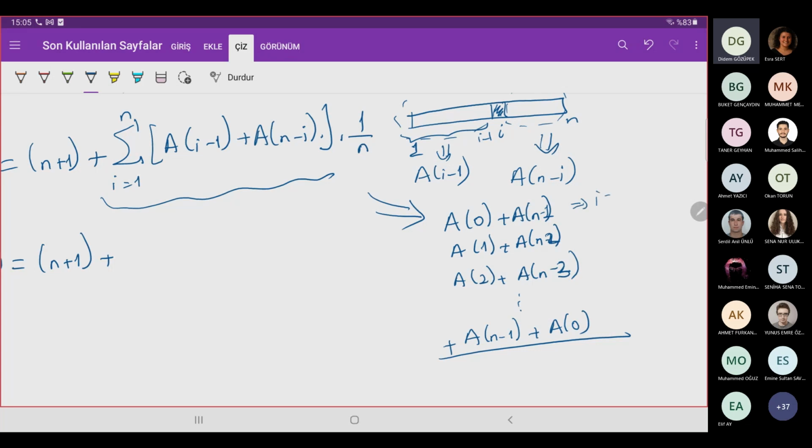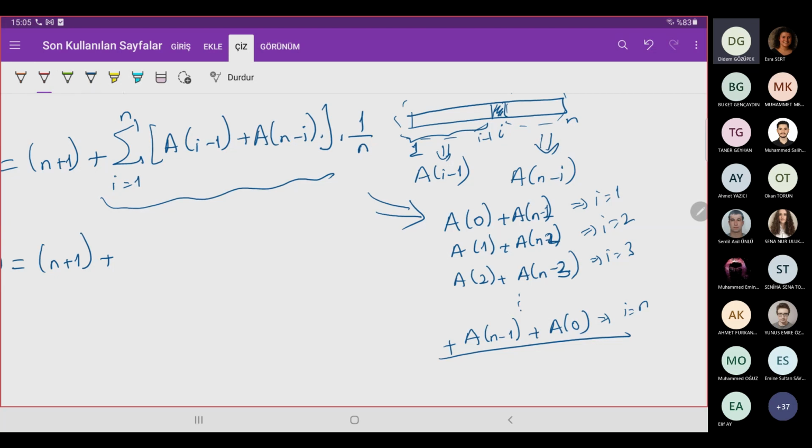For i equal to 2, I have A_1 plus A_{n-2}. And this is for i equal to 3, and so on. One of them increases by 1 and the other decreases by 1, until the last, for i equal to n, where I have A_{n-1} plus A_0.